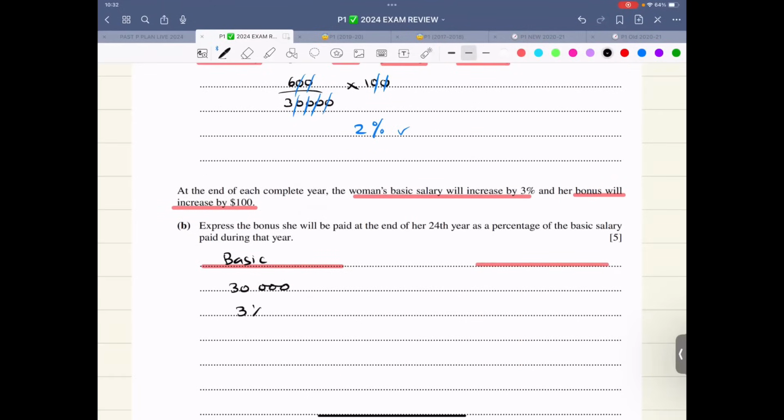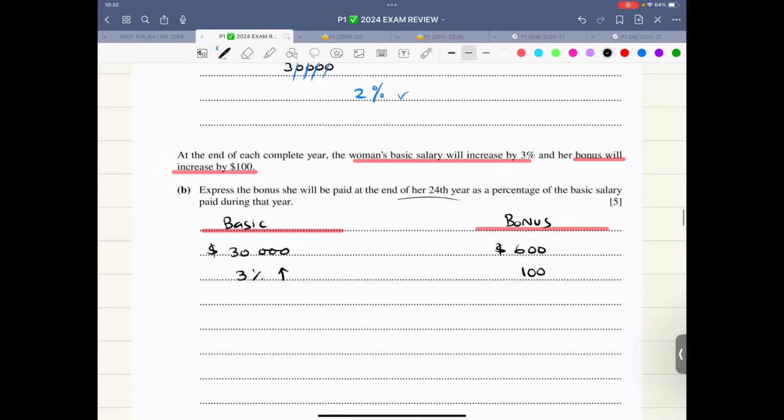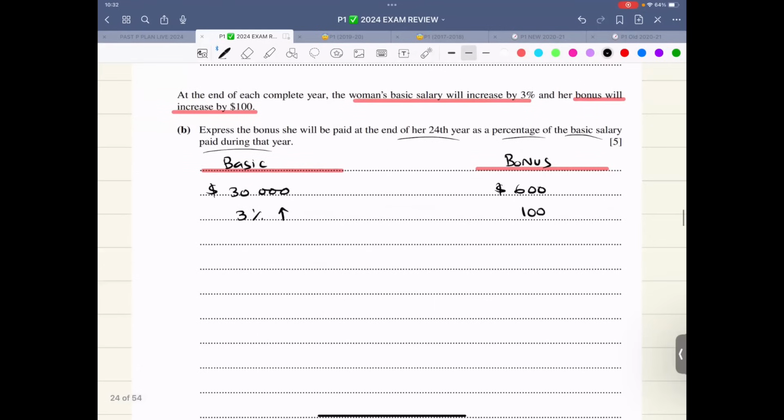And then there is a 3% increase. And the bonus, the first year is $600. This is also dollars. And there is an increase of $100. Express the bonus she'll be paid at the end of her 24th year as a percentage of her basic salary paid during that year. So now, first of all, this is a GP.